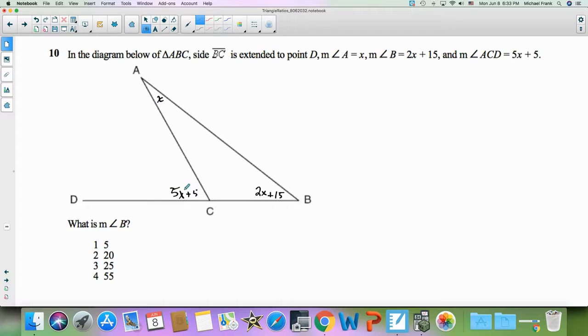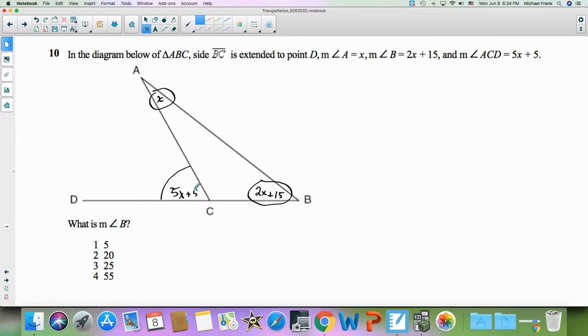So here's what I didn't teach you, which is why I've been doing a lot of these questions the long way. But I have to teach it now because it's the only way to do it. This is what we call an exterior angle. It's outside the triangle, created by the extension of one of the sides. This angle and this angle are interior angles that we call remote interior angles because they're not the angles next to the angle that's exterior.